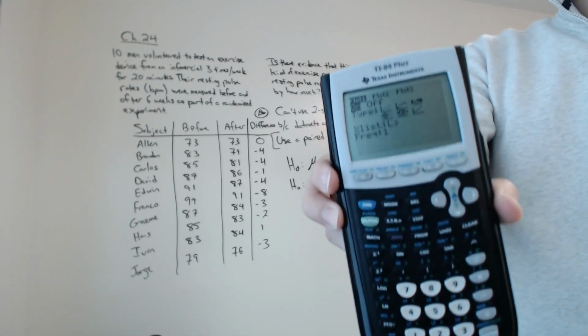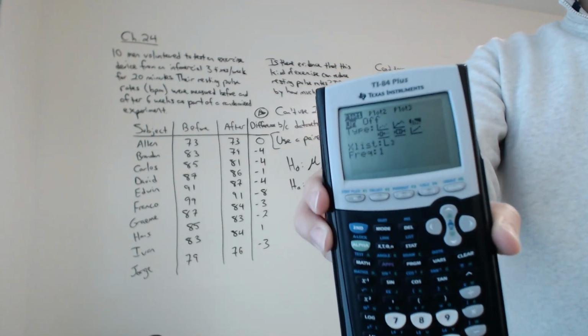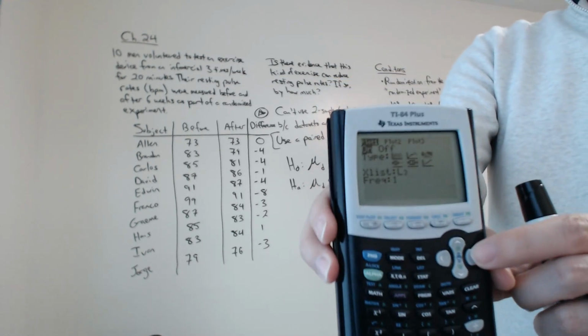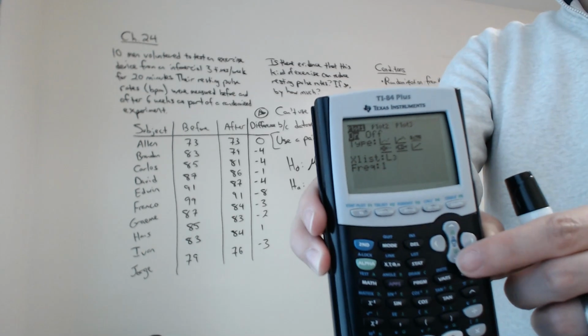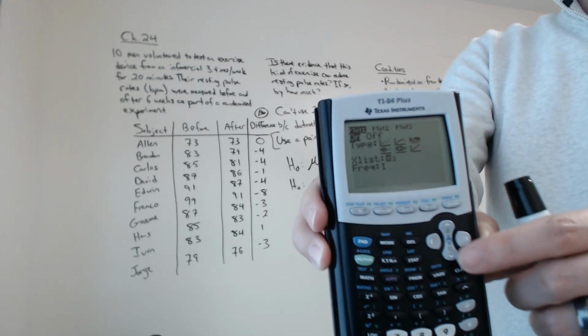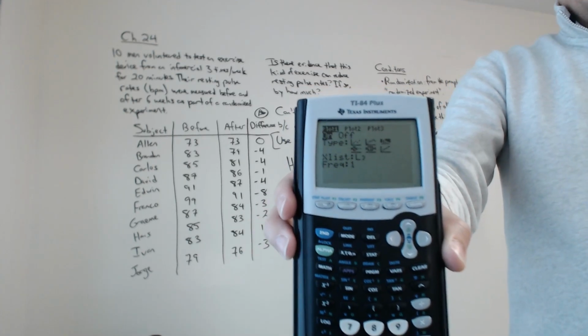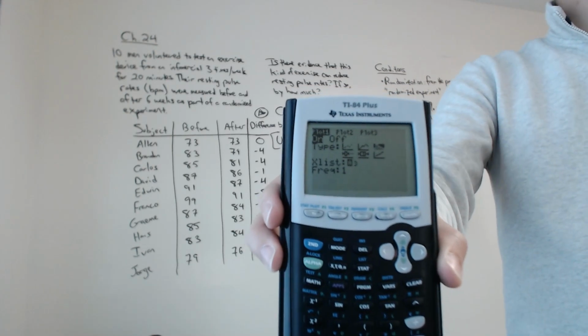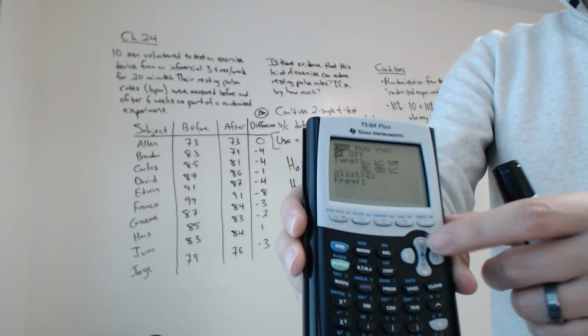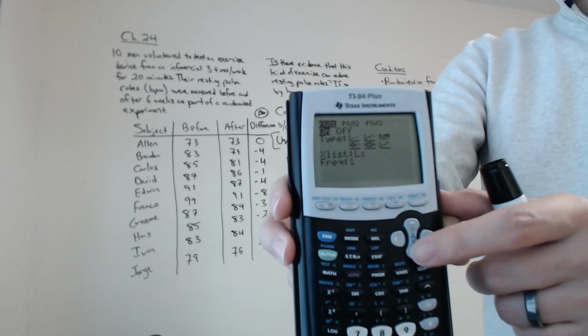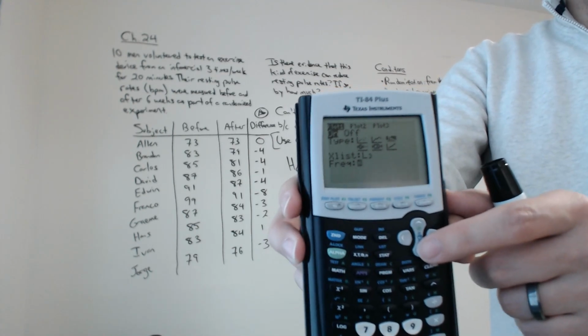Make sure that plot is on. Make sure it's the histogram, which is the one that is highlighted here. It's this one. And make sure your X list, usually it's L1, but remember in this case it's going to be L3. It's that data set of differences in L3. And that frequency is always 1. At least for this example. For most of the examples that we would ever do.